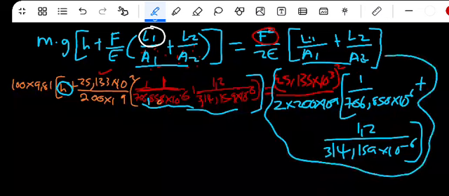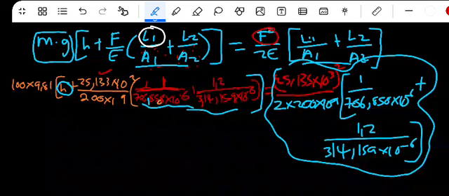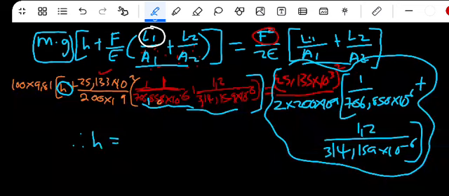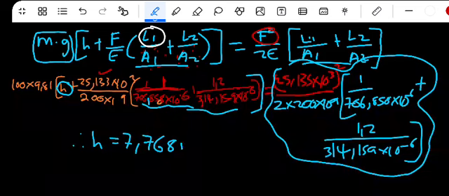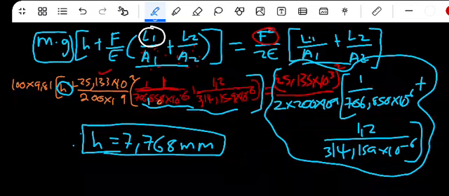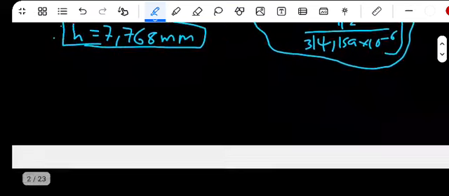Put this on the calculator, then divide by this, you can get the value of H. If you do your calculation accurately, you are supposed to get that H will be 7,768 millimeter. But you can manipulate the formula there. You can make H the subject.